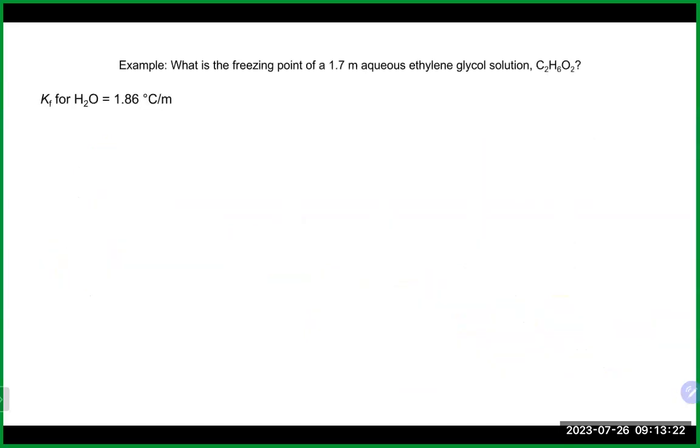All right. So why don't you try this? What is the freezing point of a 1.7 molal ethylene glycol solution? The Kf there is one. Take a look at this one. We're dealing with freezing points, so we would want to use our freezing point equation, which is molality times Kf.